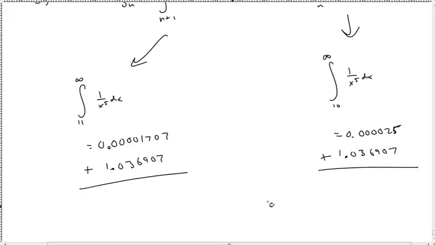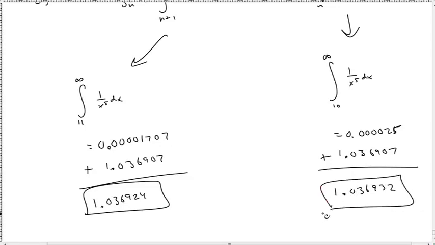You add them up, and you get two new numbers: 1.036924. Totally different number. And then 1.0369932. Wow, so different. And so your final summation should be between these two numbers. So that's how the integral test kind of works with finding the actual answer.